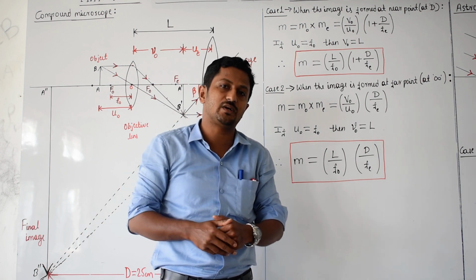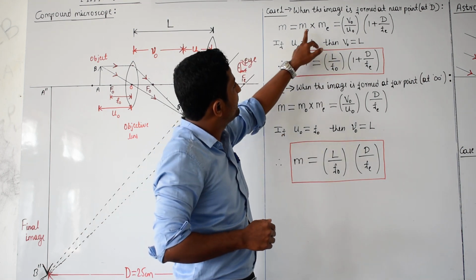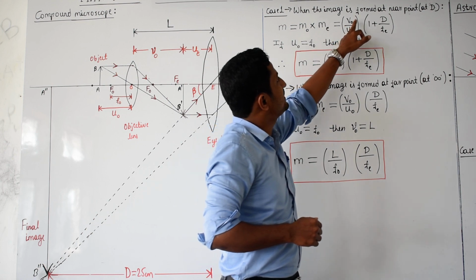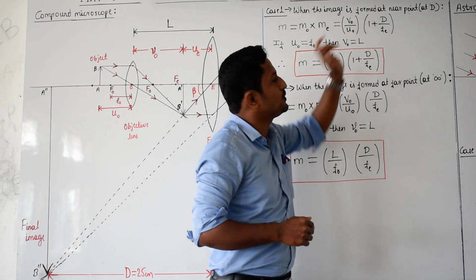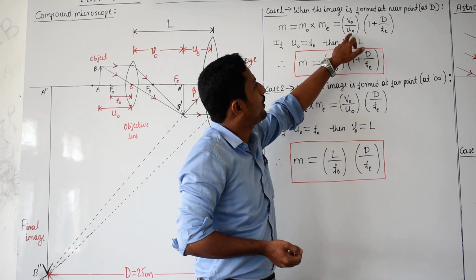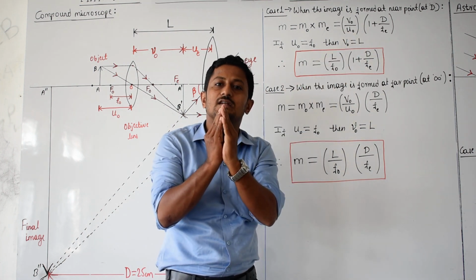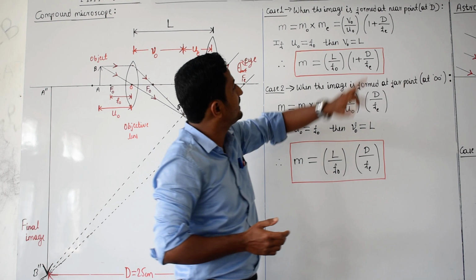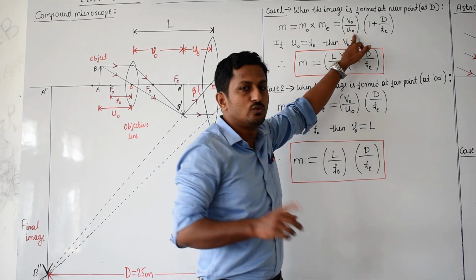Yes, in place of that MO I replaced it by VO by UO. This is the magnifying formula for one single biconvex lens. That I have written, VO by UO.